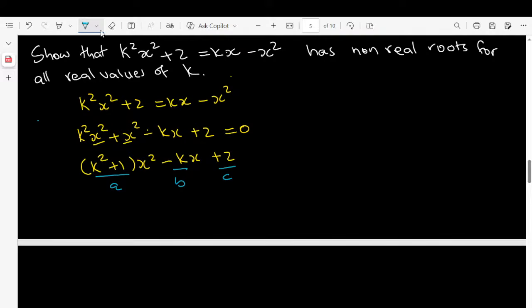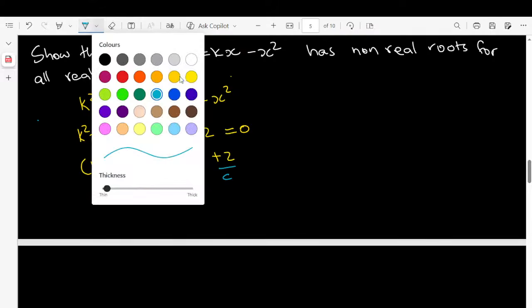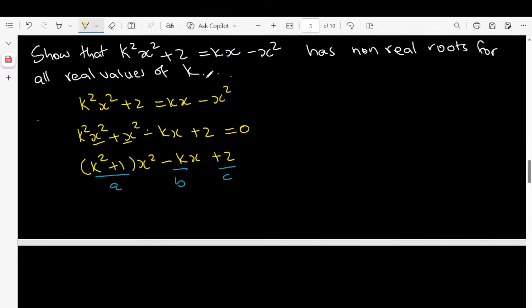I can just substitute this in my discriminant formula. My discriminant is equal to b squared minus 4ac. We know the value of b is minus k, and this should be squared, minus 4 into the value of a, which is k squared plus 1, and the value of c is just 2.